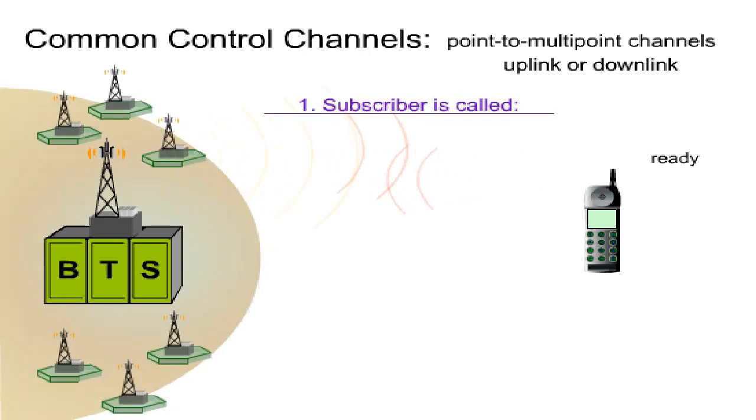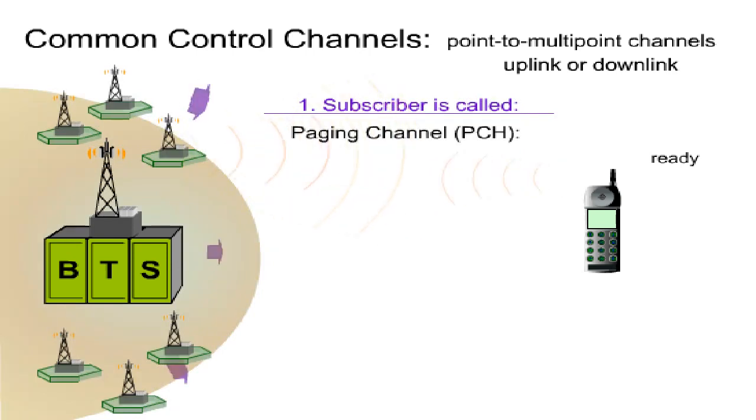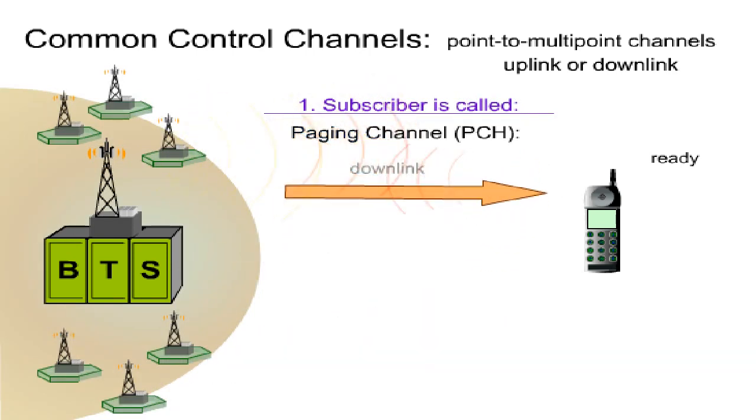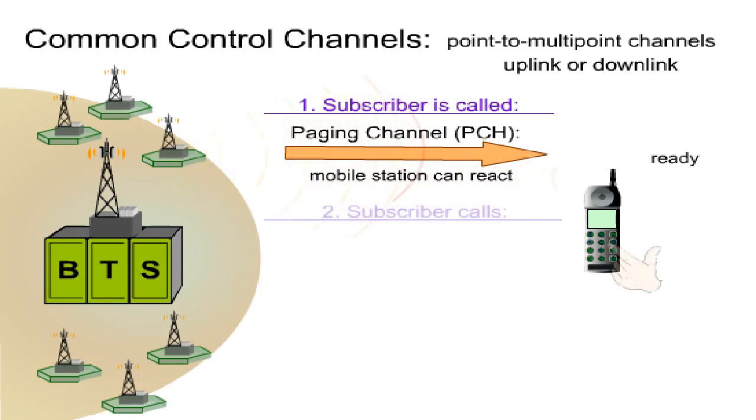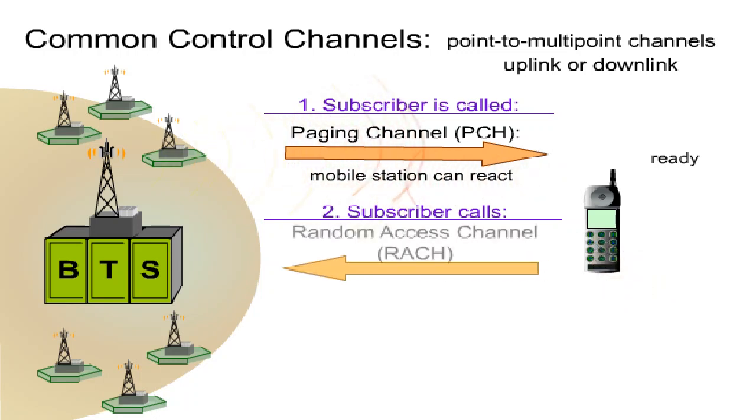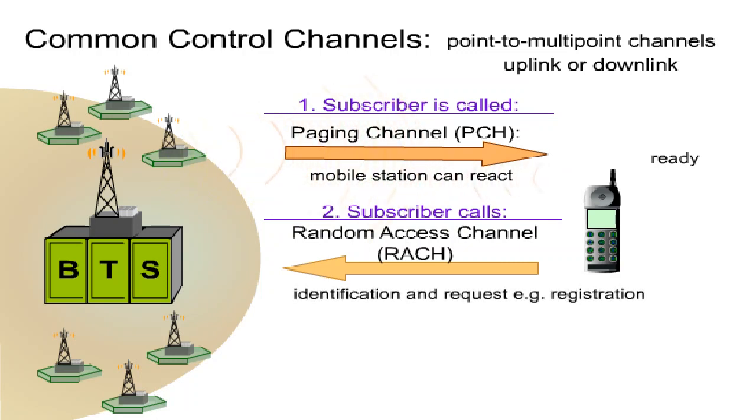When a subscriber is called, the paging channel, PCH, is broadcast in the downlink by all base stations within a location area, so that the mobile station concerned can react. To initiate a call, the mobile station sends out a random access channel, RACH, which carries its identification and request, for example, for registration to the network.